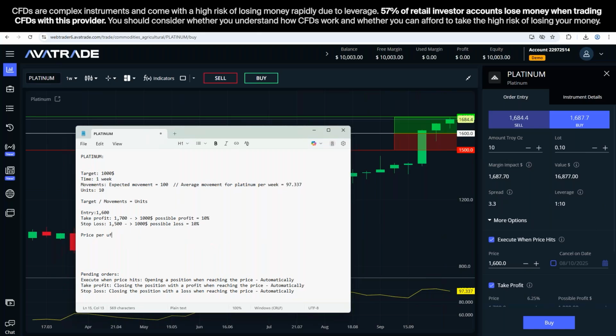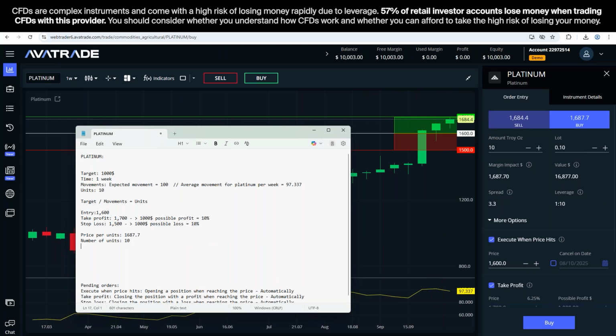The price per unit for platinum at the moment is 1,687.7. The number of units that we take, we said it's 10. So if we go price per unit times number of units, we get the value. You don't have to know that because it's already written for you.